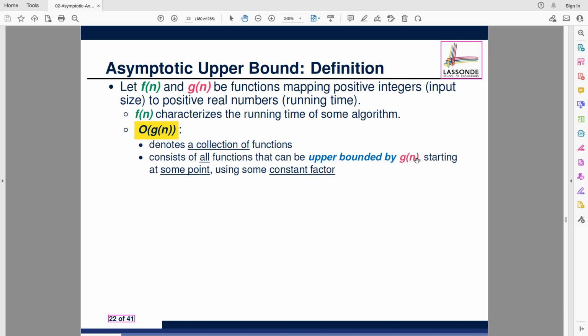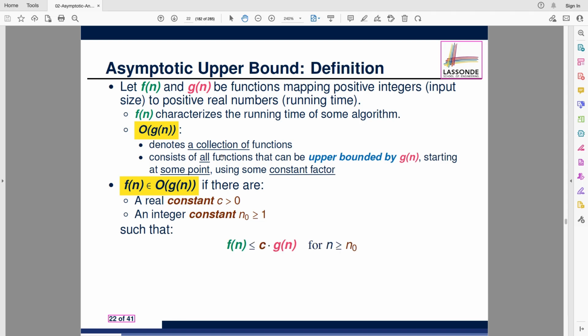More precisely, we have to apply some multiplicative constant to g(n) so that its slope is going to change somehow, graphically. But we'll see. Just remember big O of g(n): number one, it is a family of functions, a collection, a set. Number two, every member function in this collection can be upper bounded by g(n). That's the critical thing.